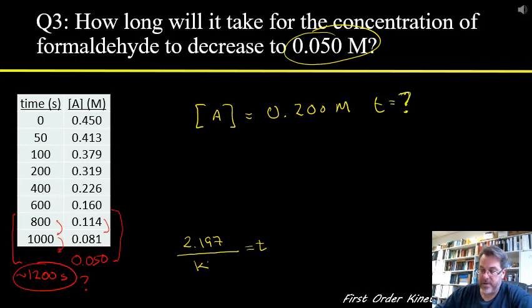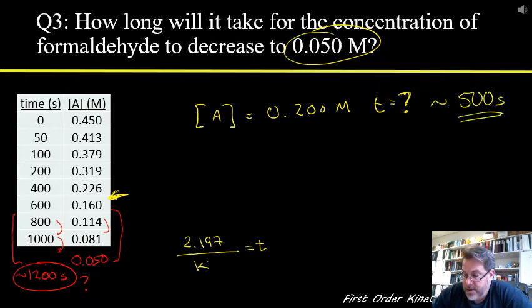At what time was the concentration 0.2 molar, right? We don't know, but we know it's somewhere right in there, somewhere between 400 and 600 seconds, so it should be around 500 seconds. So you can do some problems like that to check and see how you're doing, see if you get answers that make sense, answers that seem reasonable.